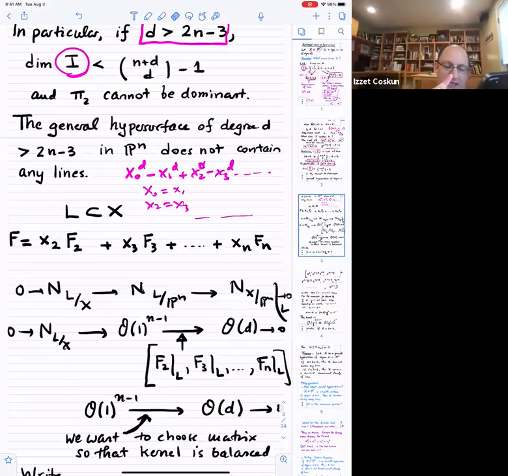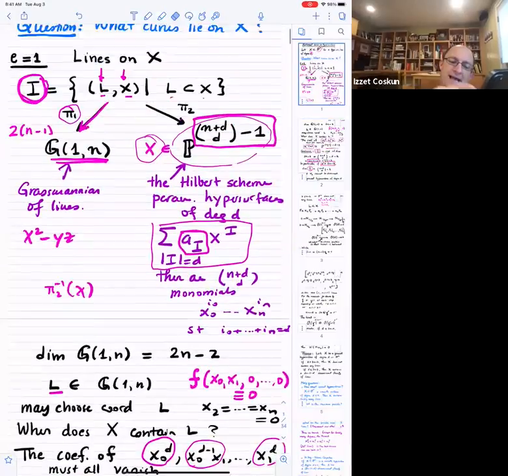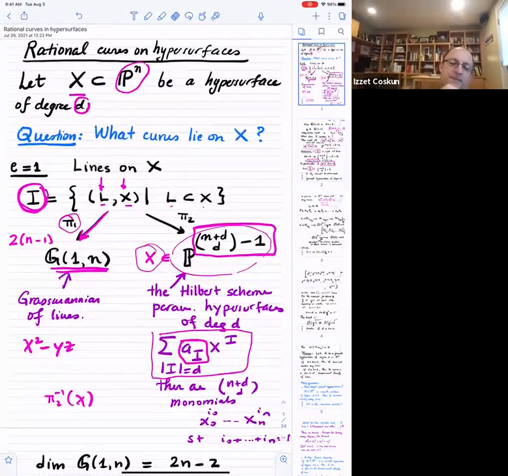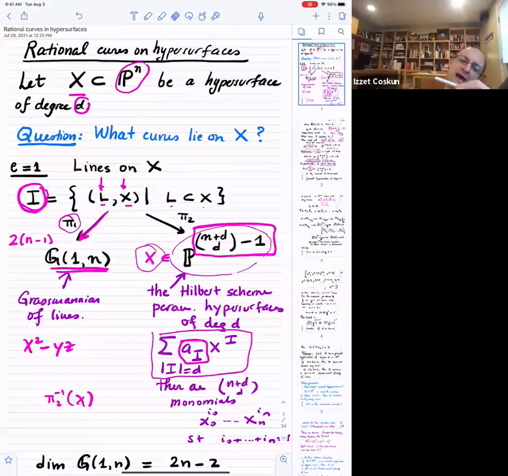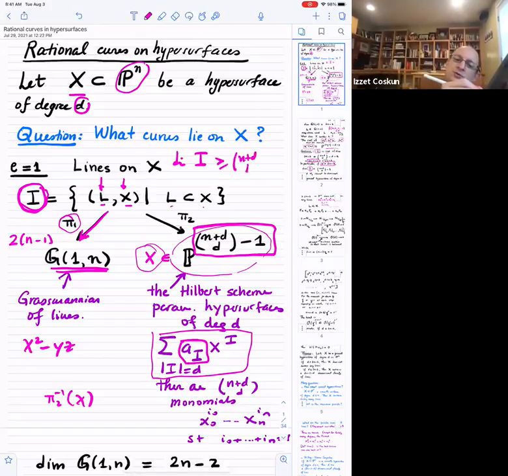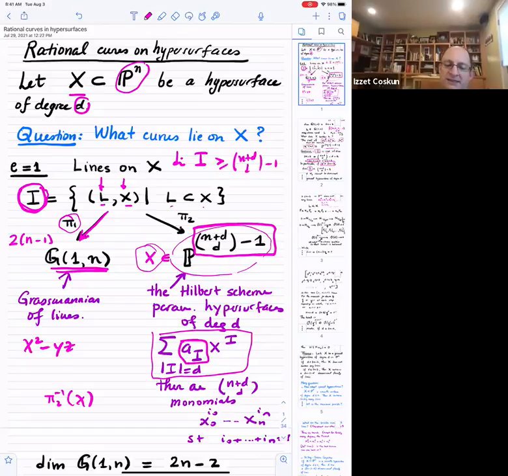And we can say a little bit more. I want to say that this map behaves the way you would like it to behave. We have I here, and if the dimension of I is bigger than the dimension of this projective space, n plus d choose d minus 1, then the generic fiber has dimension equal to the dimension of I minus this dimension.